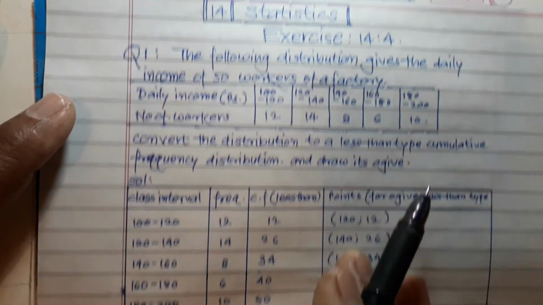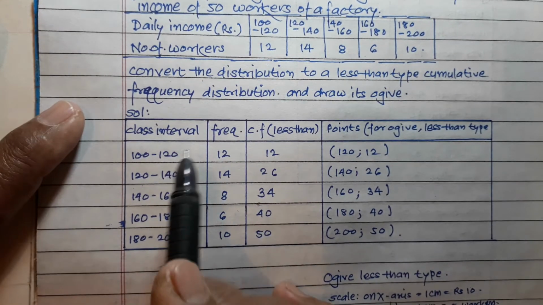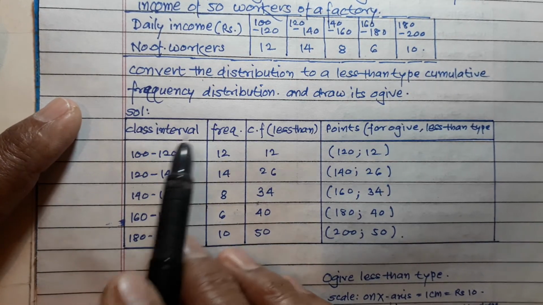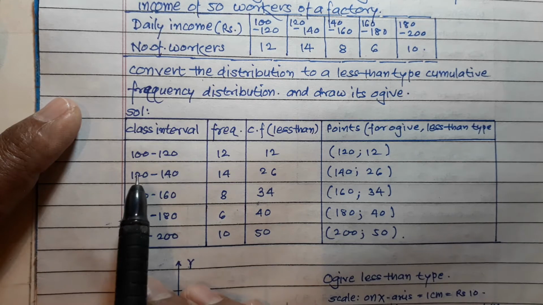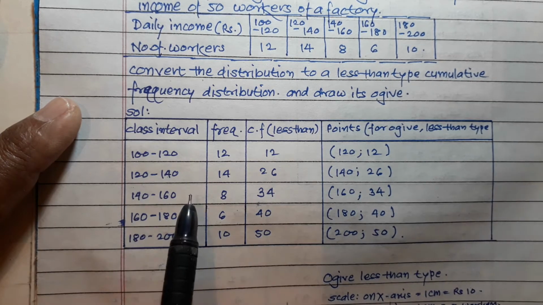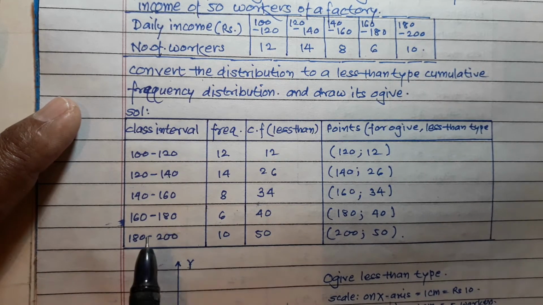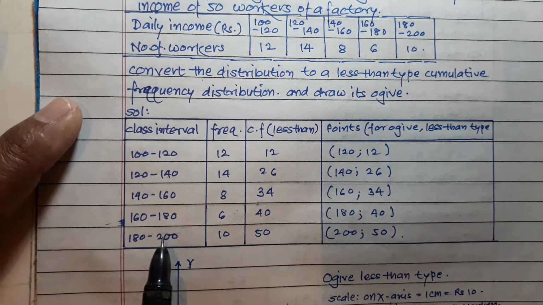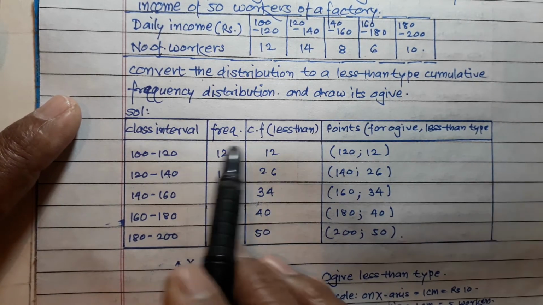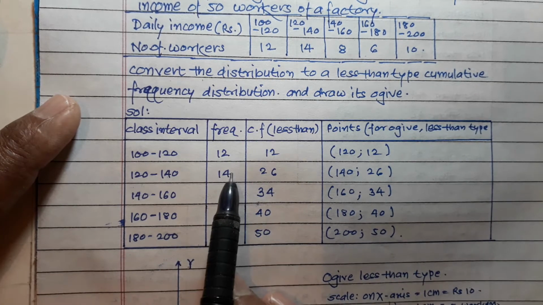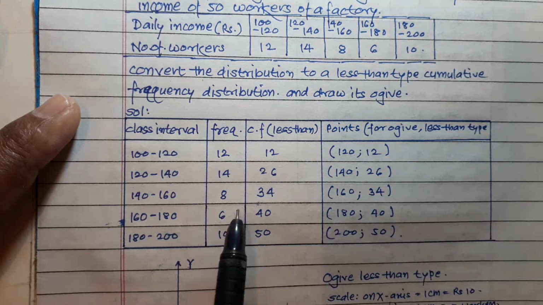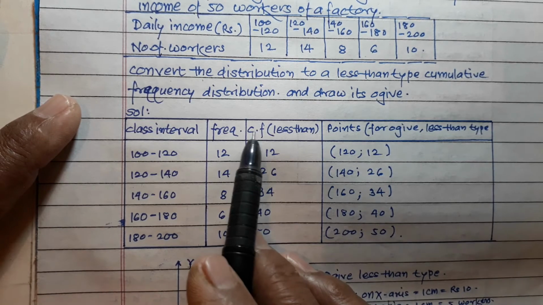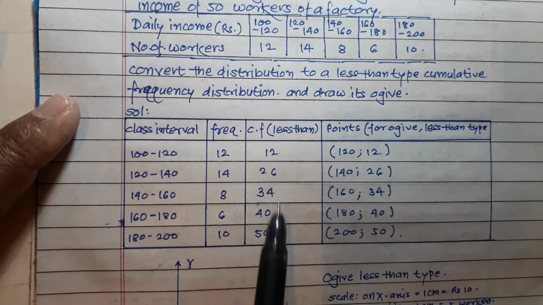Now try to understand. This is the class interval: 100 to 120, 120 to 140, 140 to 160, 160 to 180, 180 to 200. Here the classes are continuous. Frequency: 12, 14, 8, 6 and 10. So this is the cumulative frequency less than.